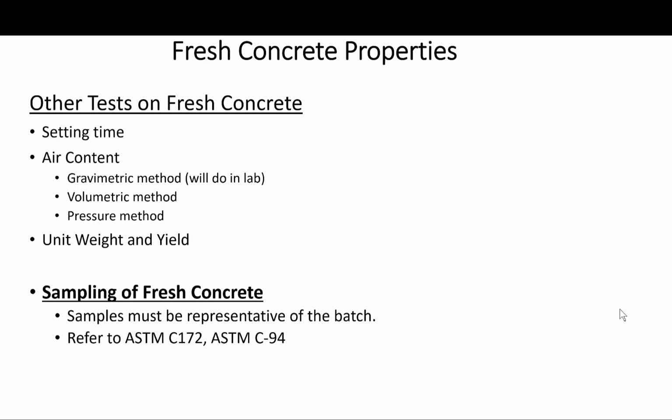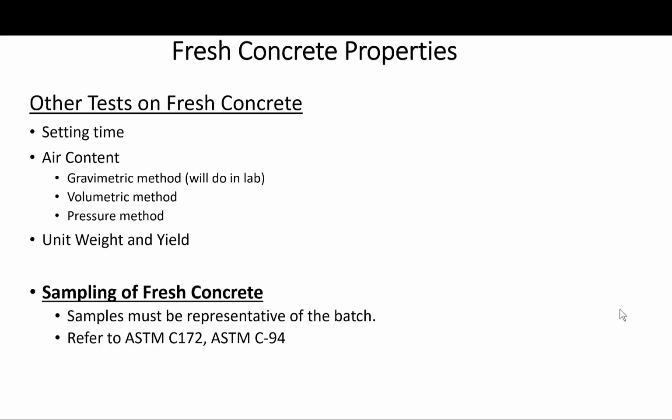We're talking about maintaining uniformity throughout the job. By far, the most common tests on fresh concrete are slump tests, or of course other workability tests, as we described previously. Here we will consider other fresh property tests that are carried out.